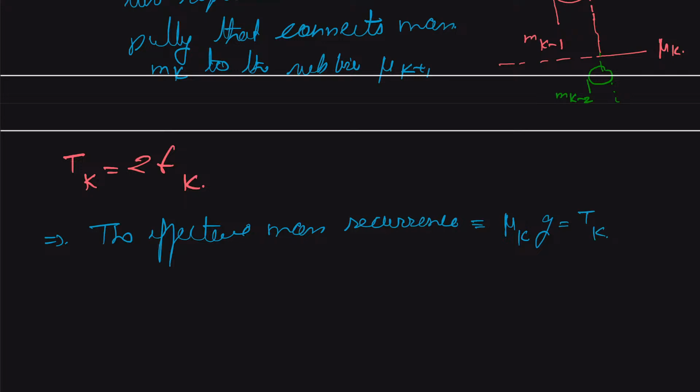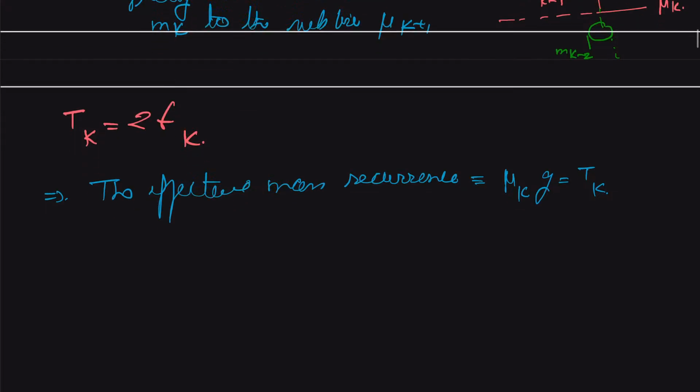And mu of k we have already written, or we can just write it from here also. So we can write mu of k is equal to 4 times m of k times mu of k plus 1, and this comes as m of k plus mu of k plus 1.